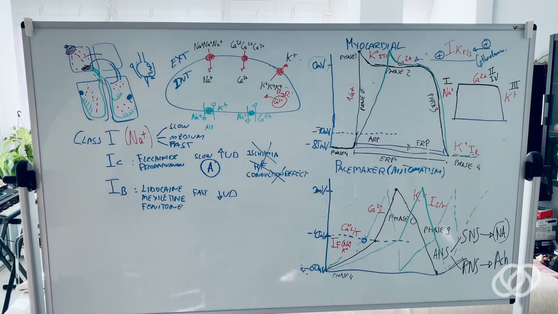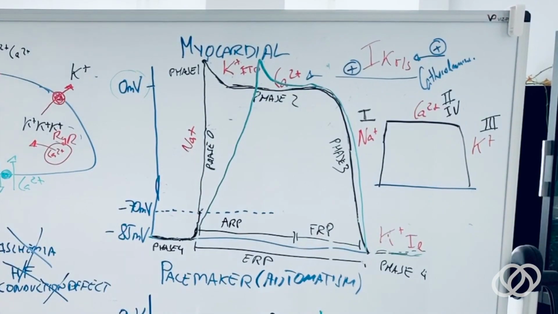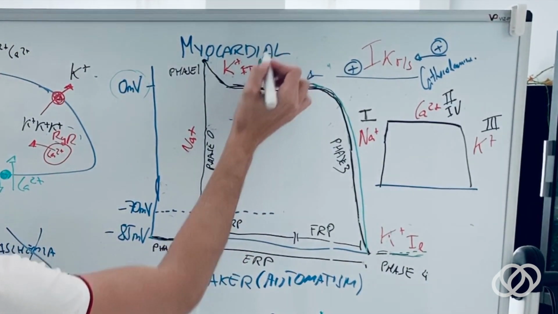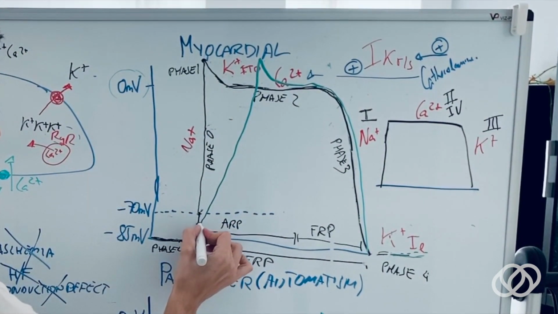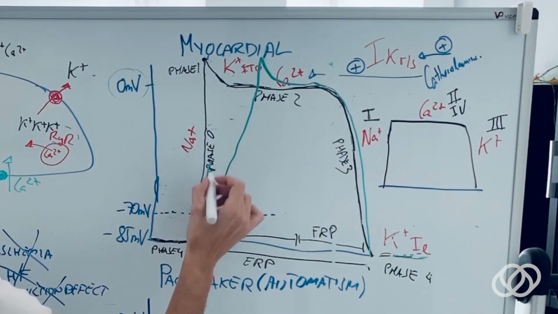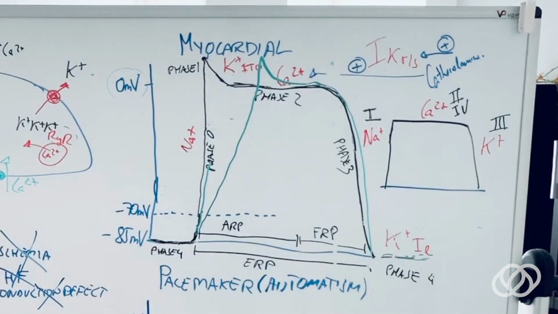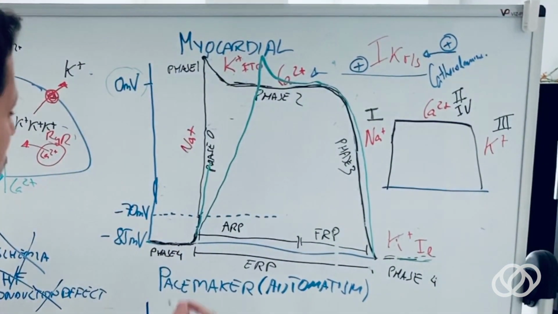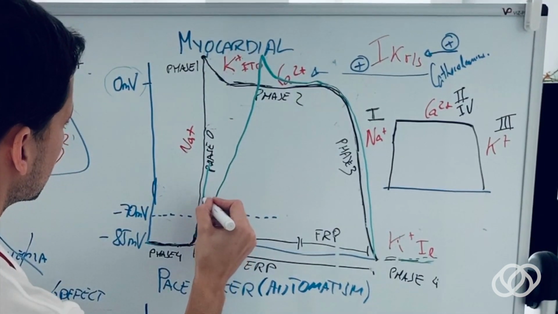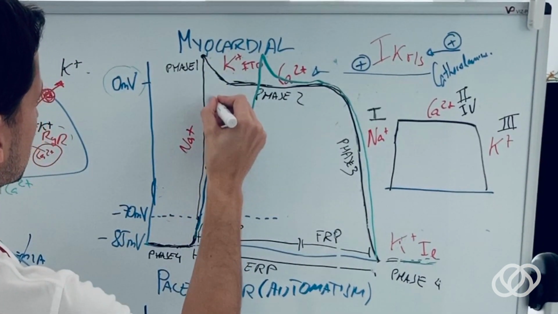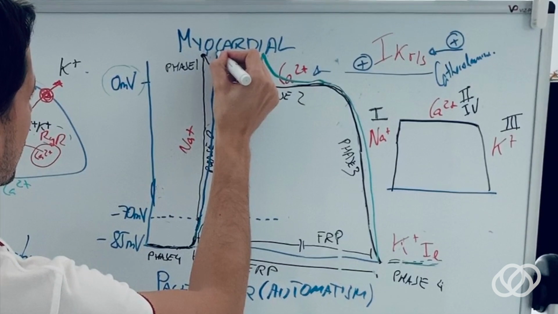So when we give them, the slope of this phase 0 will only decrease in a slower range.